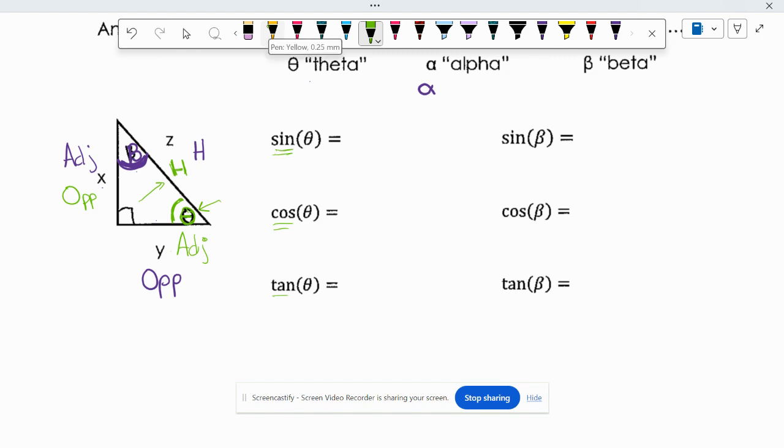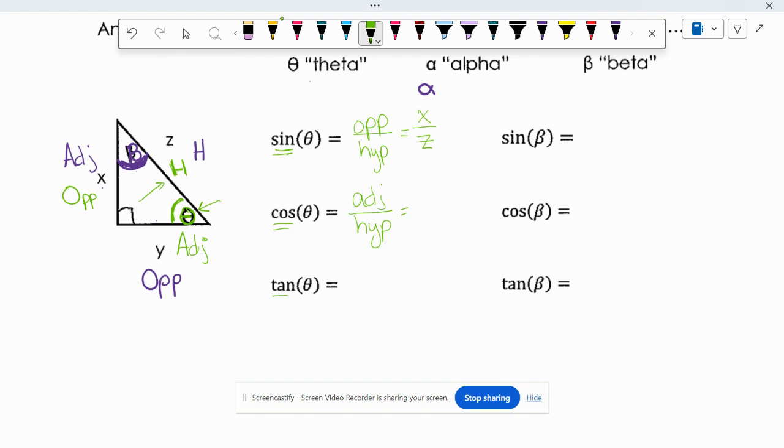So the sine of theta, remember sine is the opposite over the hypotenuse. Well, the opposite side, green, theta is green, is x over my hypotenuse, which is z. The cosine of theta, that's my adjacent over my hypotenuse.